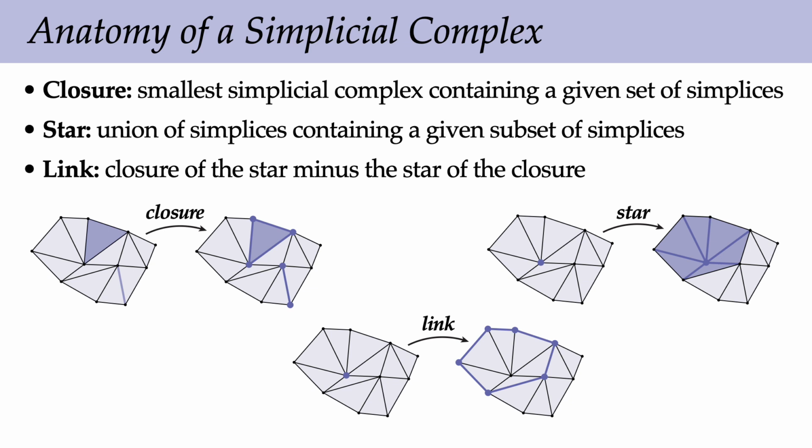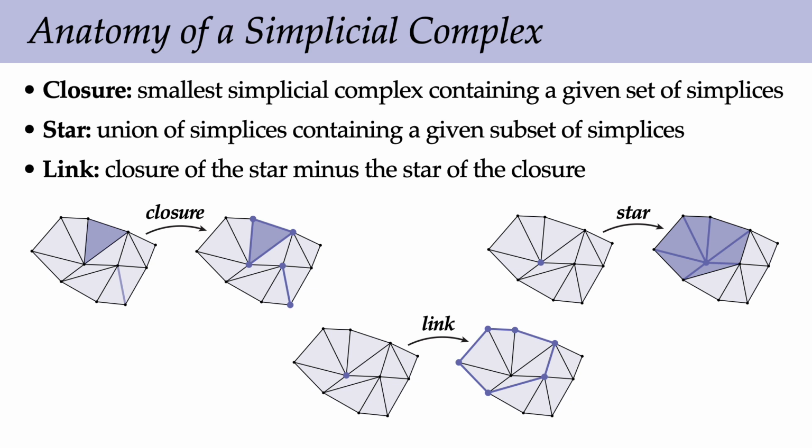If I want this loop of edges, I can take the star and take its closure. That's going to give me all the triangles and all the edges incident on the vertex and all the vertices and edges of that set. Right? And then just subtract the star of the closure. Subtract the interior, and I get the boundary.